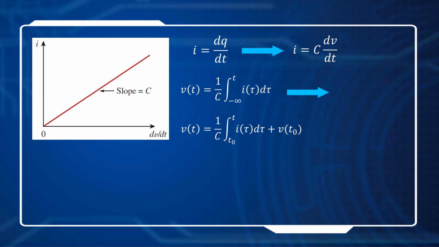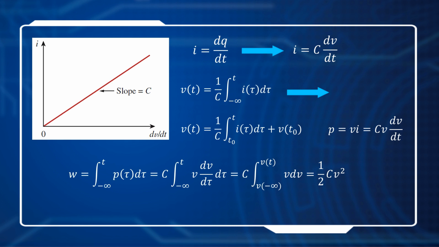Then we can calculate the power absorbed by the capacitor: P equals V multiplied by I equals C multiplied by V multiplied by dV over dt. We can calculate the energy stored in the capacitor as well. W equals the integral from minus infinity to t of p(tau) d tau equals 1 over 2 multiplied by C multiplied by V squared.